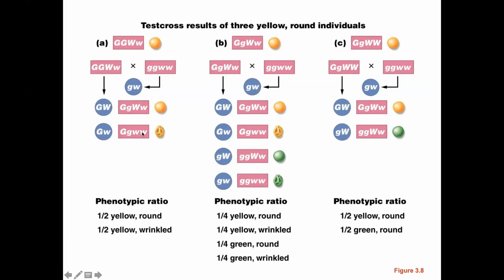What you would expect to see with that genotype is that all of the seed are going to be yellow, and then they're going to segregate 1:1 for round or wrinkled. So what does that tell you?